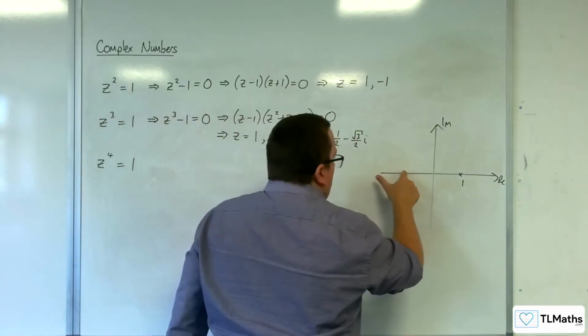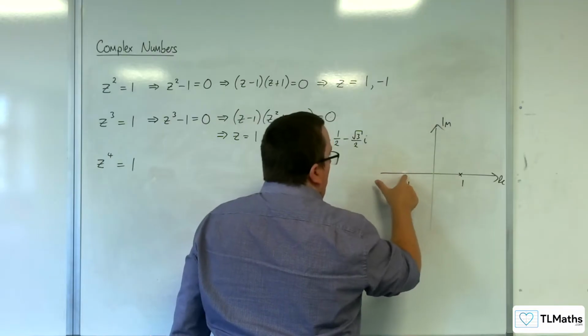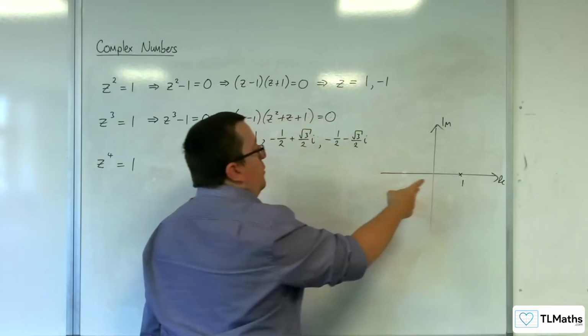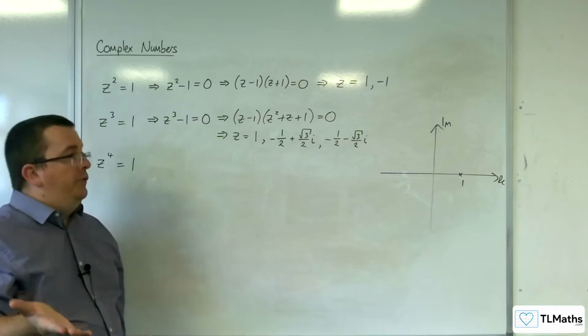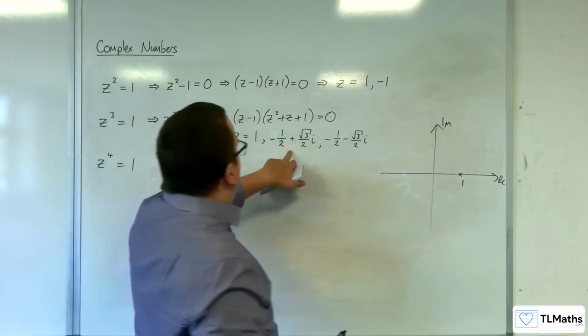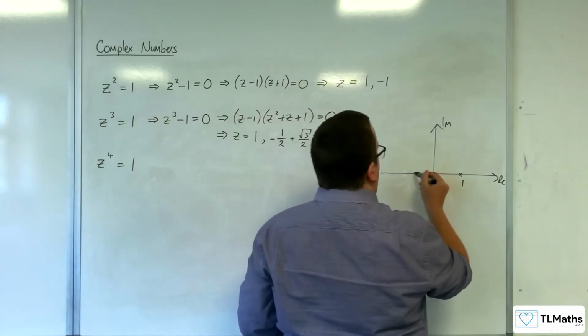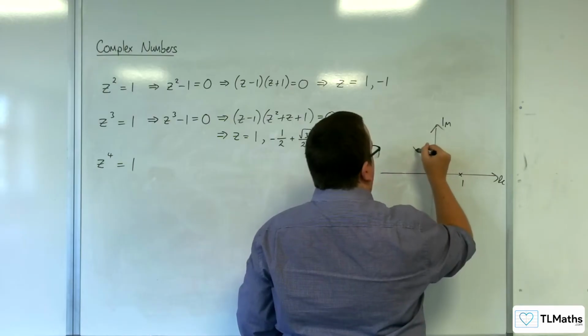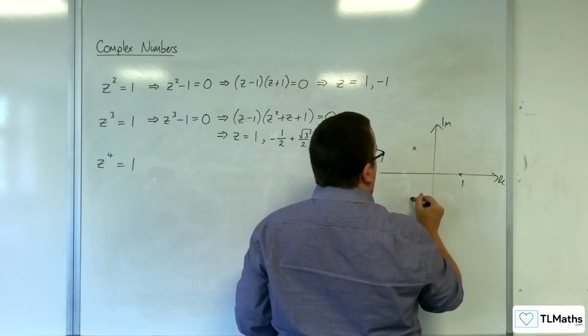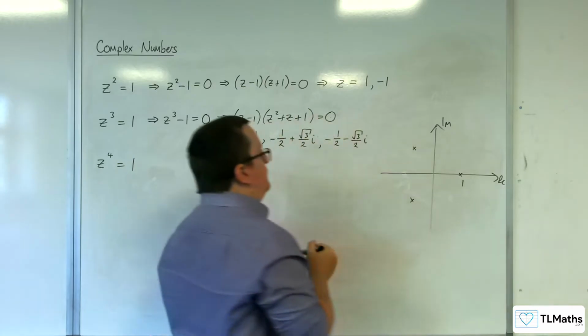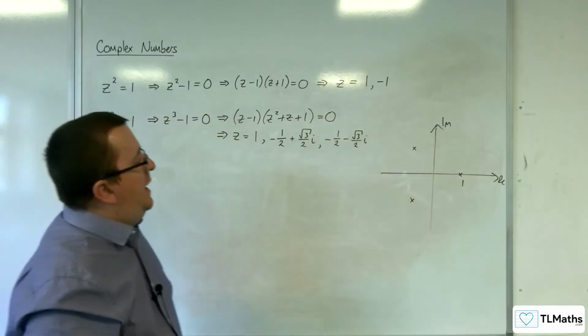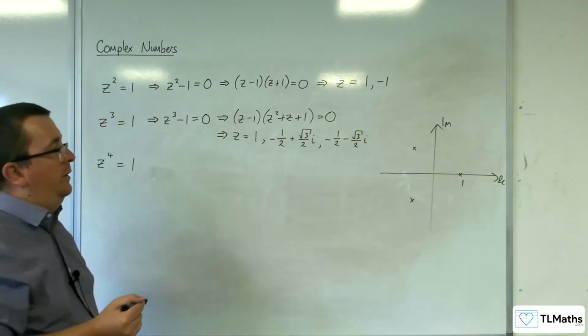So we don't have minus 1, but we still have the 1 as a root. The other two roots, minus a half plus root 3 over 2 i, would be somewhere up here, and the other one would be somewhere down there. And you would have your 3 roots.